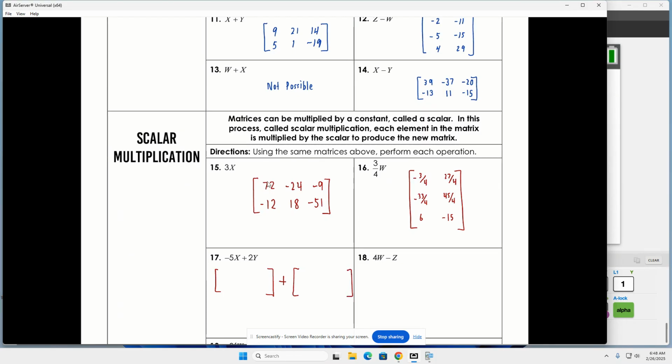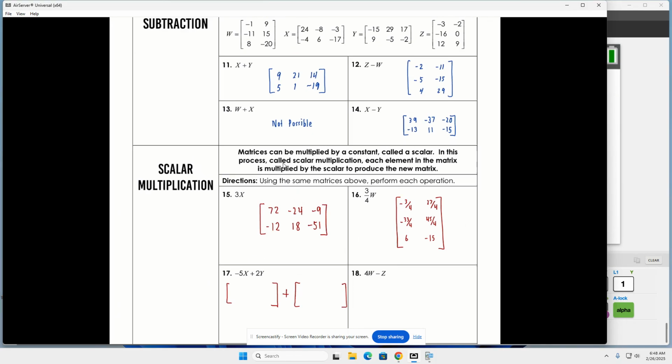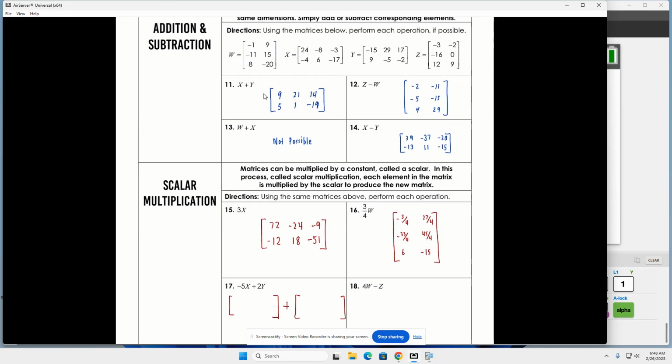All right, so I'm multiplying everything by -5. So here I go. 24 times -5 is -120. And -8 times -5, +40. Then you've got -3 times -5, that's +15.